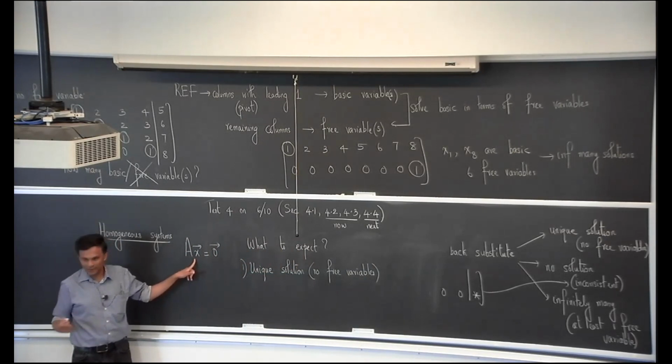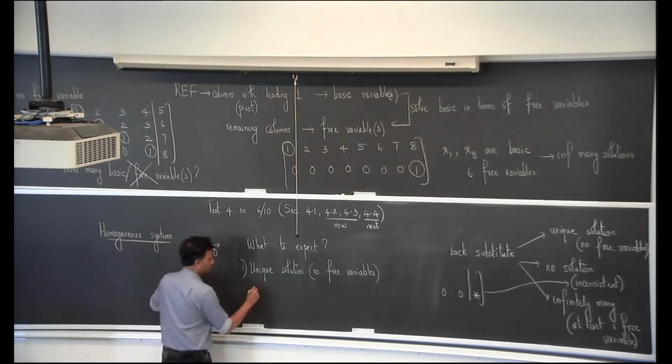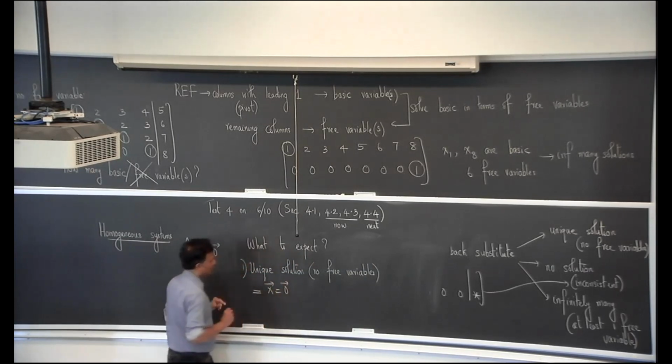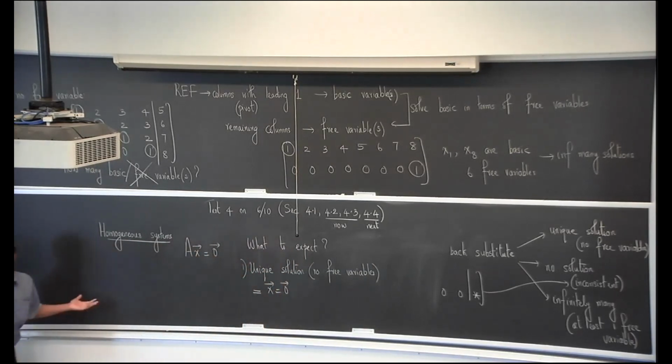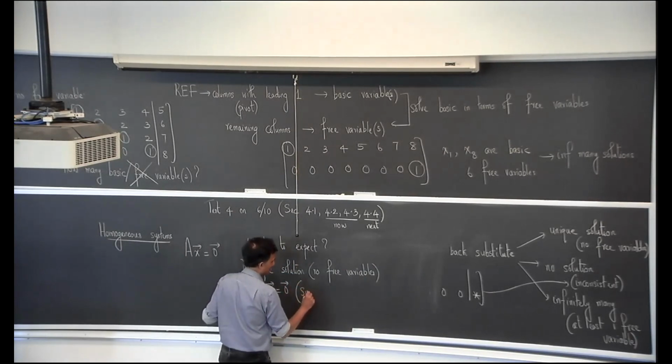It's 0, right? I mean, A times 0 is 0. So if the solution is unique, that solution is the 0 solution. Because there is only one solution, and x equal to 0 is always a solution. Okay, so that is the only solution. That's a super boring case.